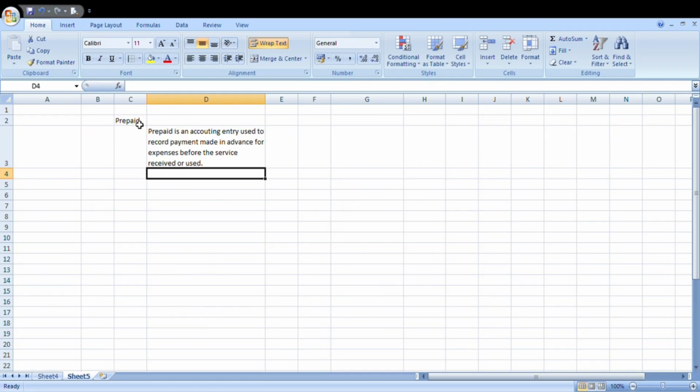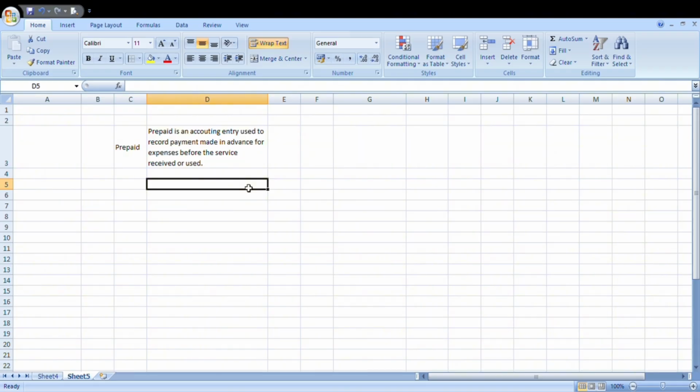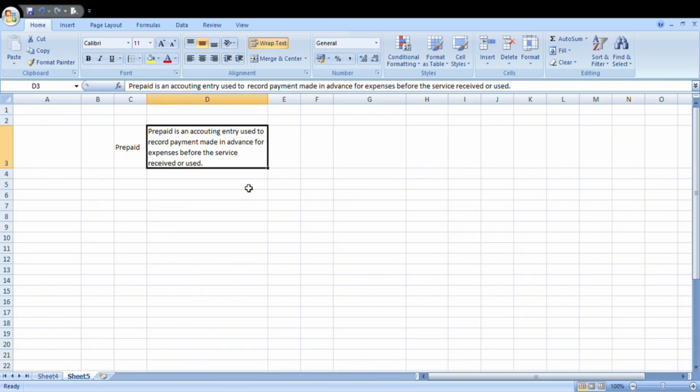So in accruals we won't make any payment or cash, but in prepaid we'll first make the payment and later we'll receive the service. So this is the prepaid concept.